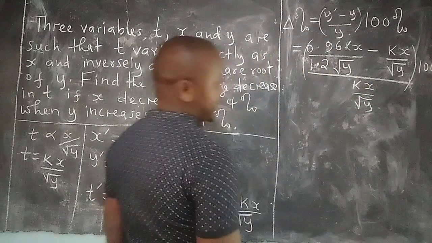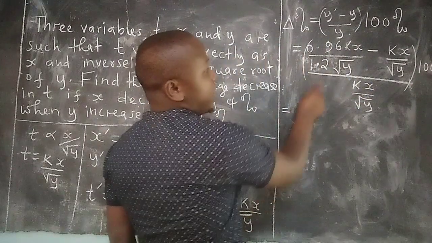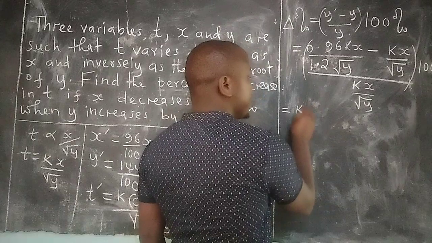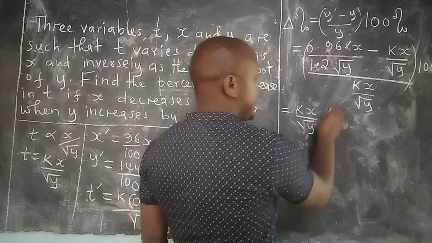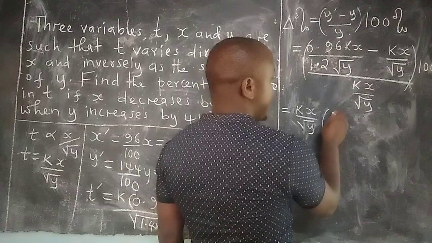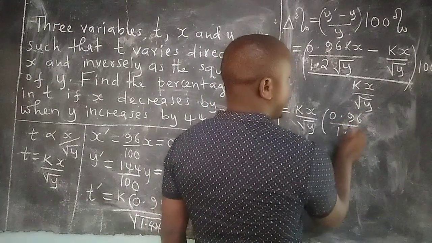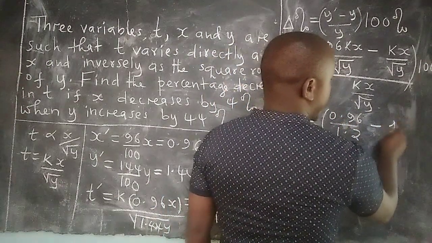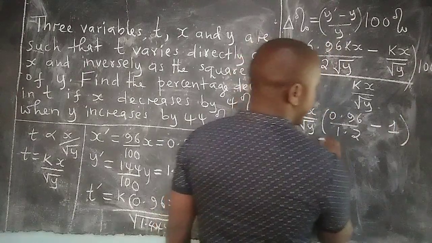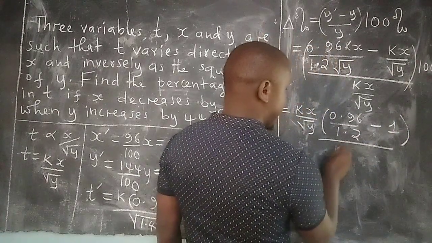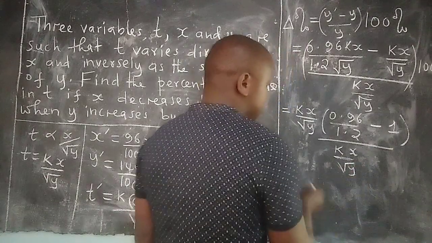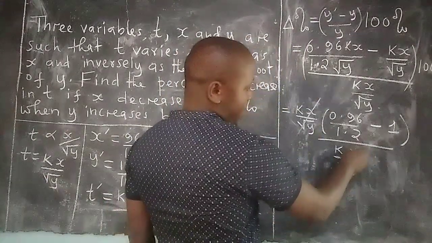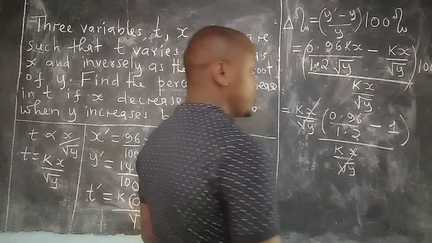We express it like that. So therefore we can factor out kx out of the square root of y, then we remain with 0.96 out of 1.2 minus 1 here, then we divide this by kx divided by the square root of y, such that kx and the square root of y can cancel out.